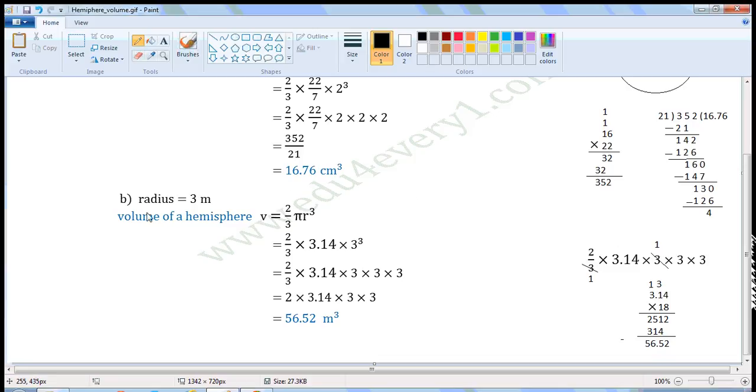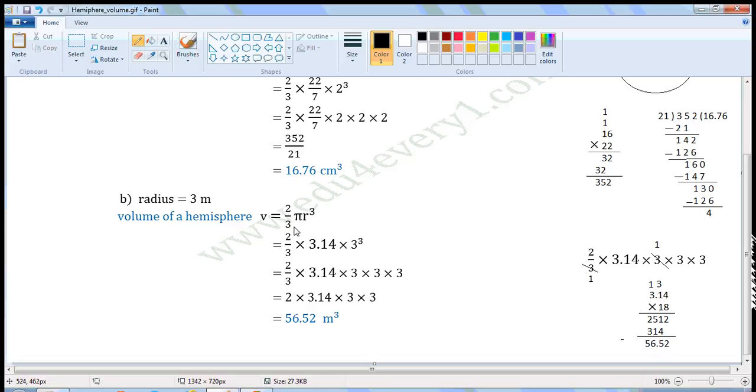Next one, radius is equal to 3 meters. We can find the volume of a hemisphere using the formula V is equal to 2 by 3 pi r cube. V means volume, pi the constant, its value is approximately equal to 22 by 7 or 3.14, and r is the radius.